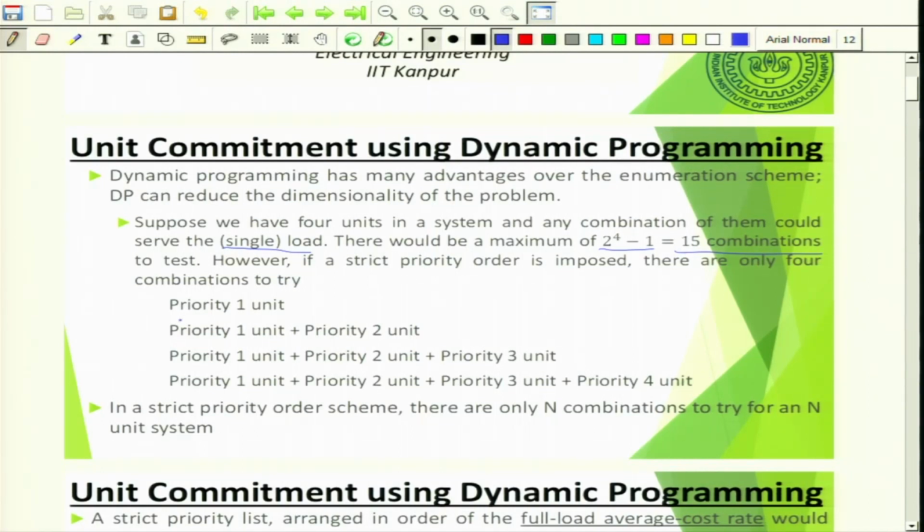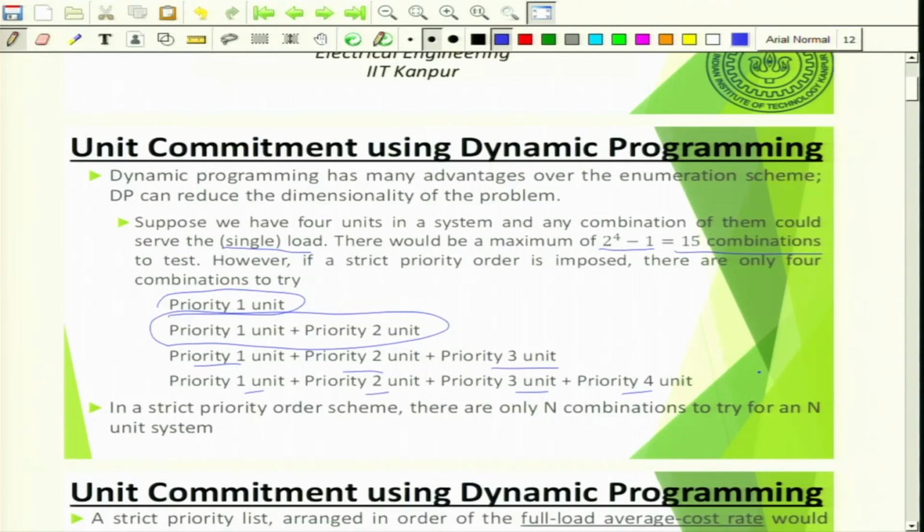That means priority 1 unit, then along with 1 you also consider priority 2 unit, then priority 1, 2 and 3 units, then priority 1, 2, 3, 4 units. Out of 15, you only consider these 4 combinations for testing purposes.